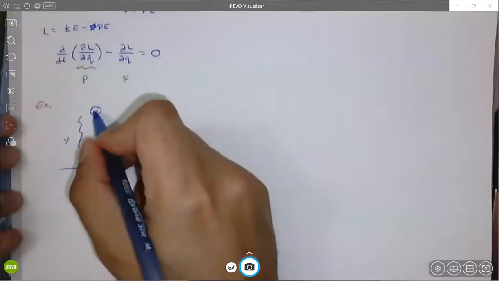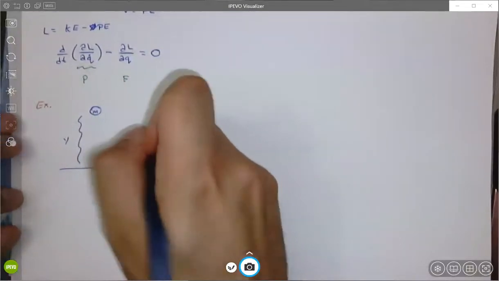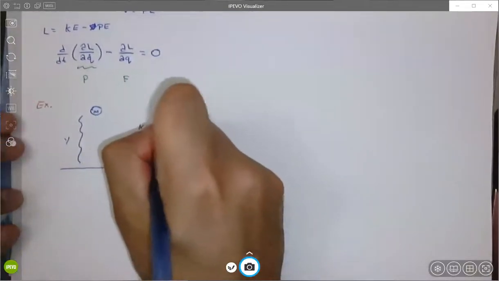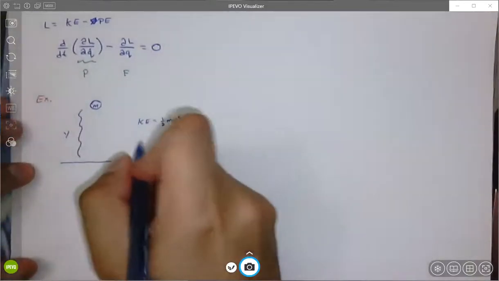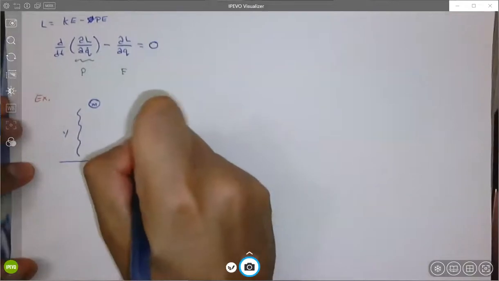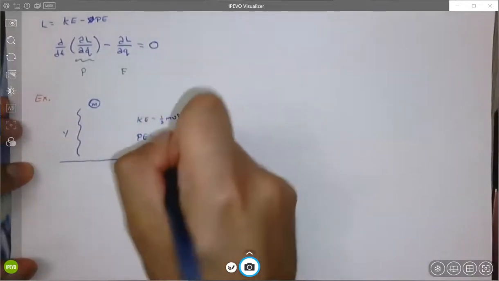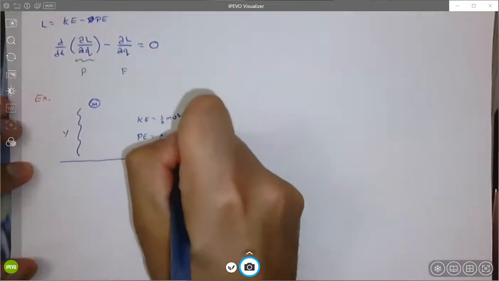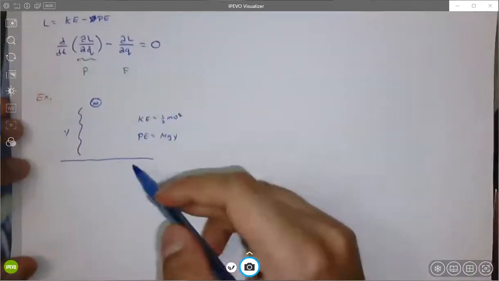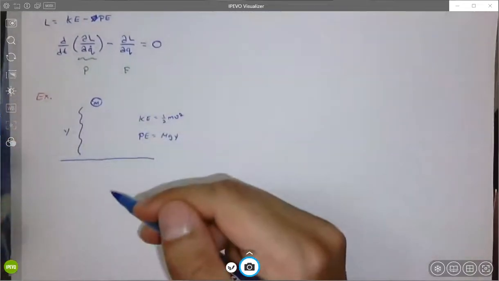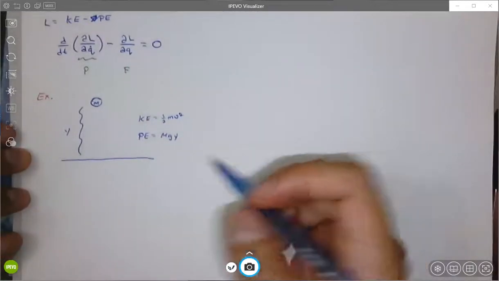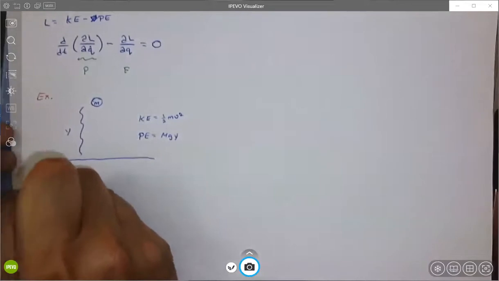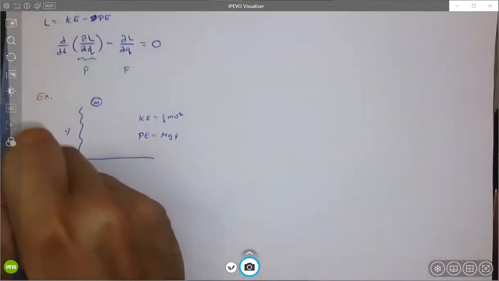This ball is going to have kinetic energy, KE, which is equal to 1/2 mv squared. And it's going to have potential energy given by PE equals mgy. We need to set our potential energy somewhere, so I will make the potential energy equal 0 right here. This is going to be our minimum potential energy.